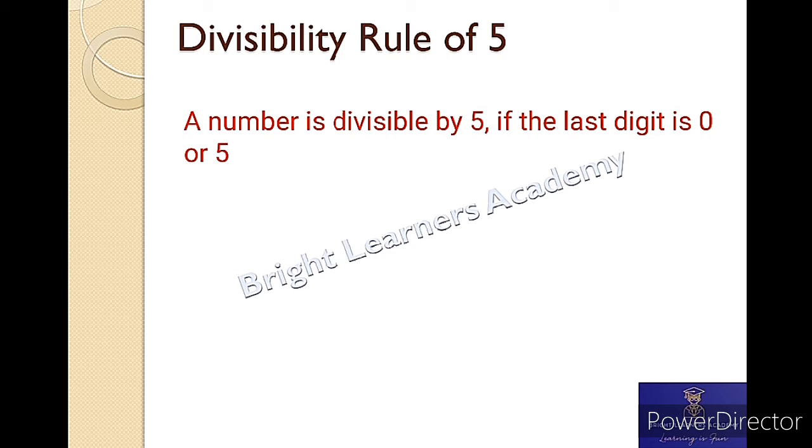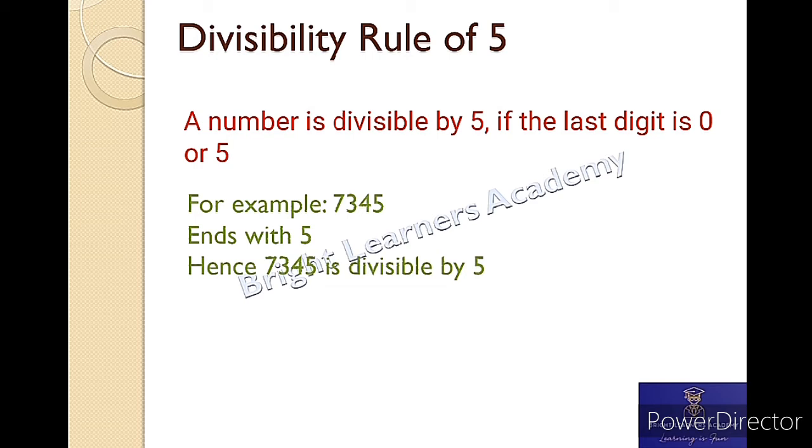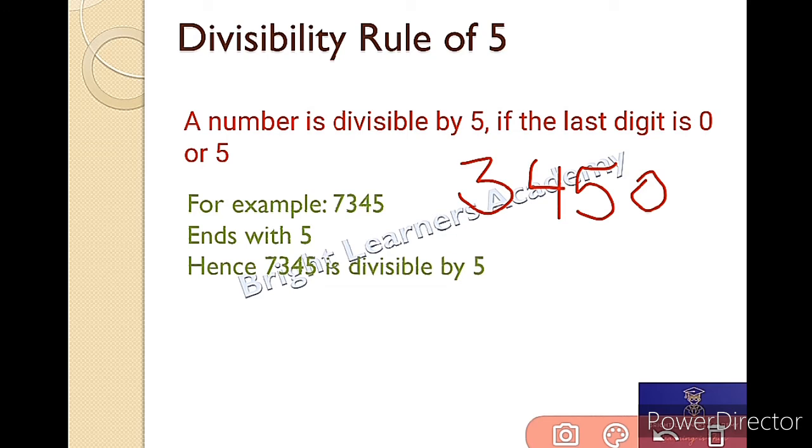Okay, let's see a few examples. For example, 7345. Here this number ends with 5. The last digit is 5. Hence we can say that 7345 is divisible by 5. Let's take one more example. If the number is 3450, here, if you observe carefully, the last digit is 0.